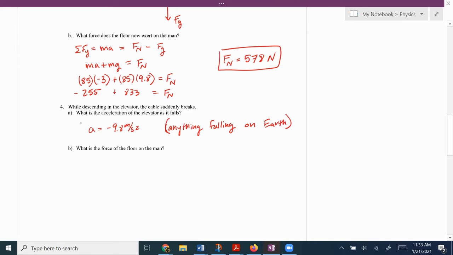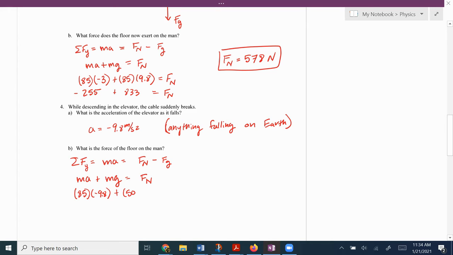This is the same situation as number 3. So when we go to plug things in, we have 85 times -9.8, our acceleration as it falls, plus the force of gravity.